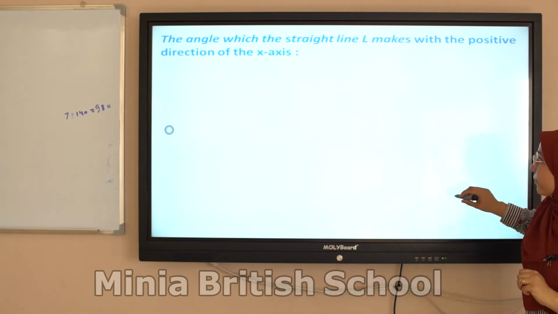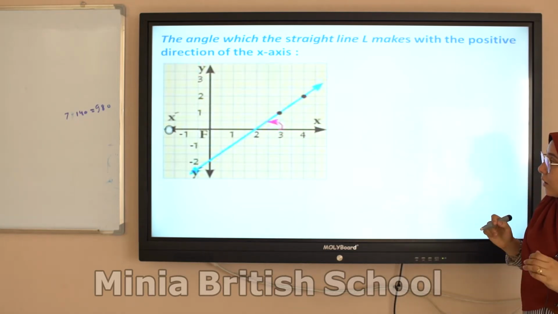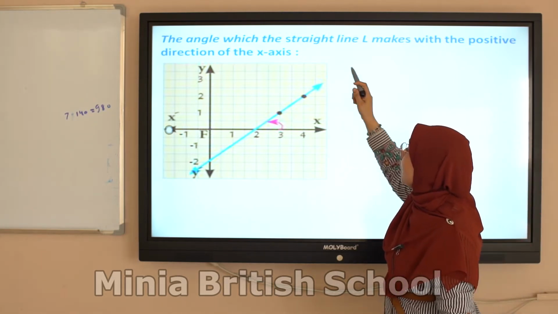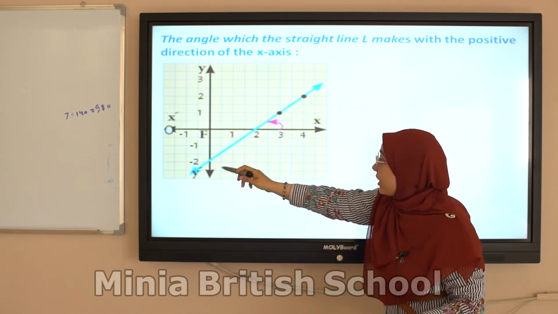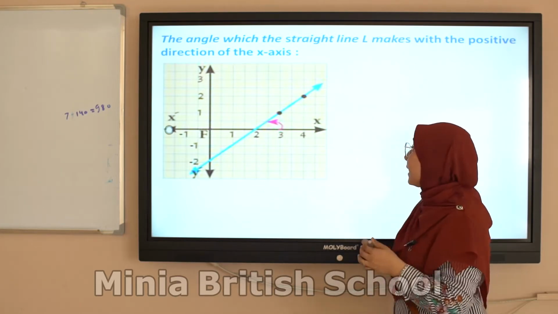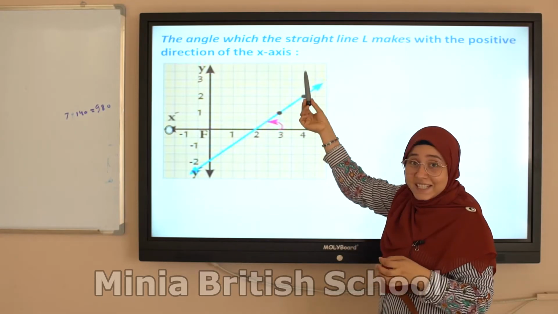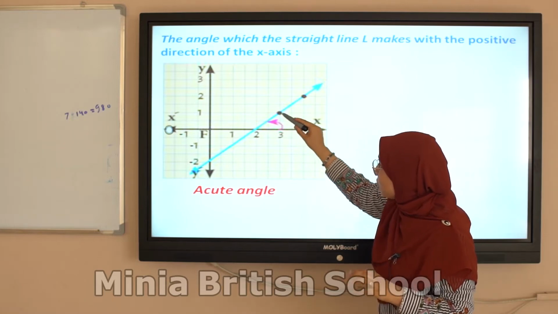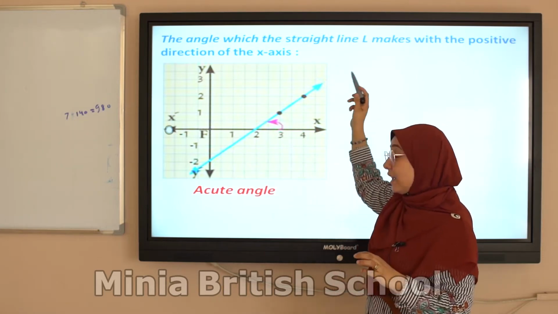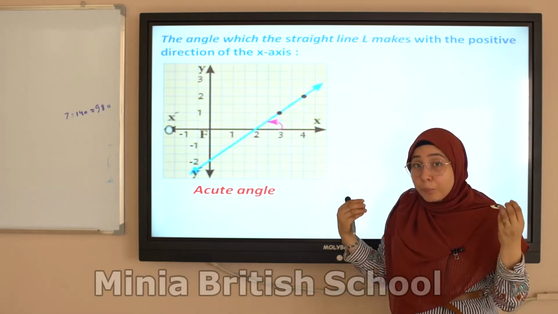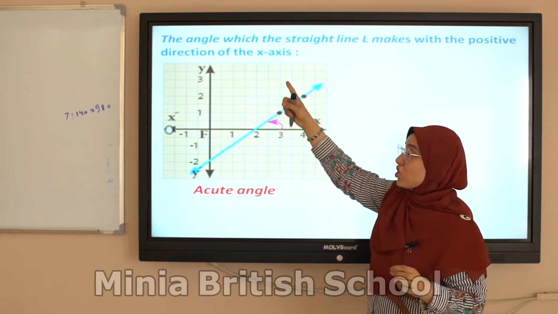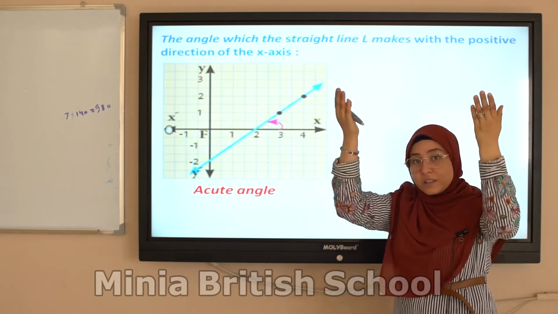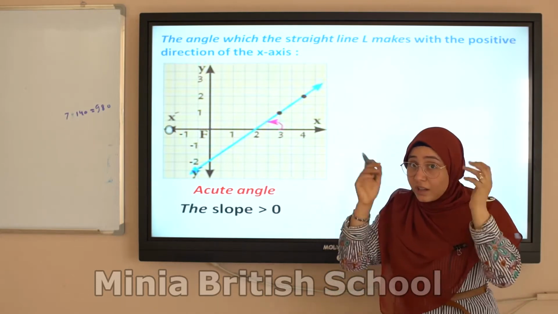In this picture, the straight line L makes with the positive direction of the x-axis an acute angle. So the slope is greater than 0.